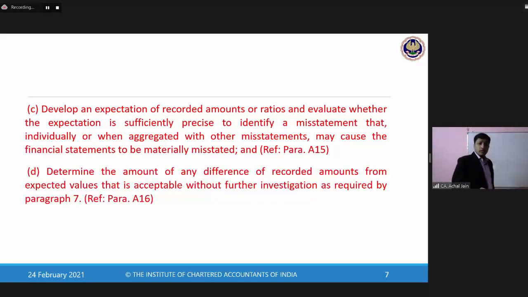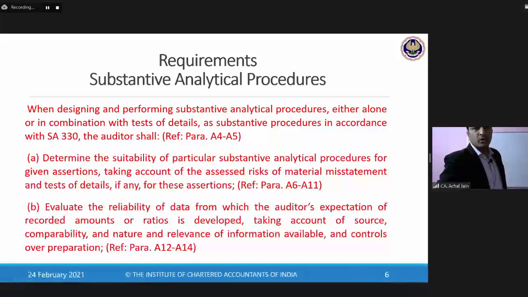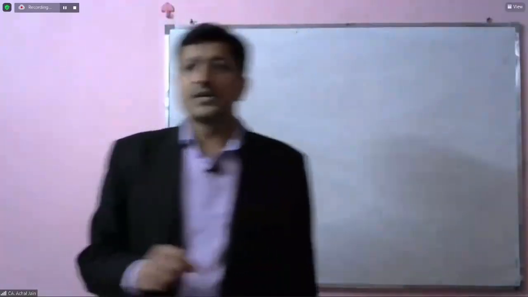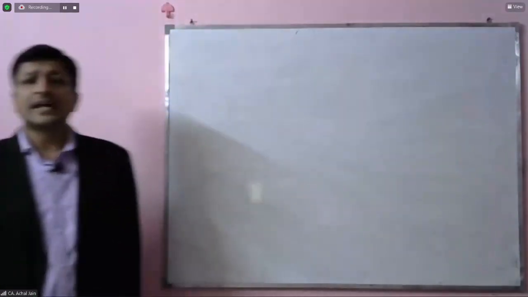Now, all of these procedures, all of these requirements, all of these considerations, we can best understand by picking up one example.